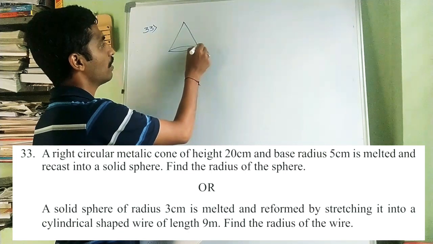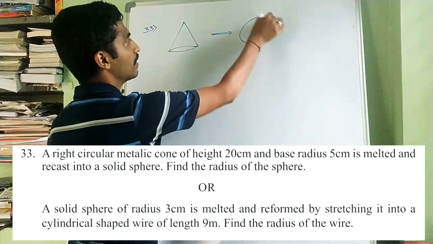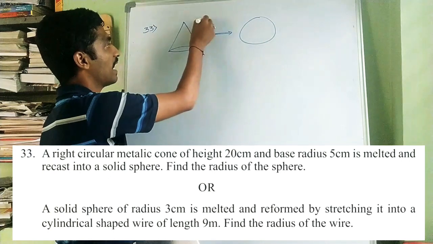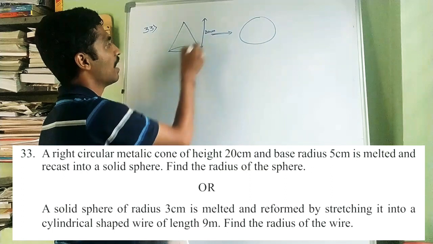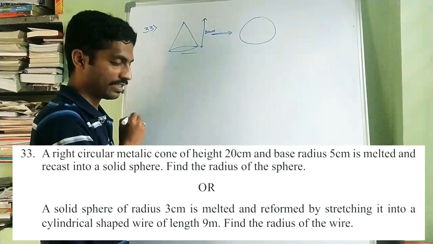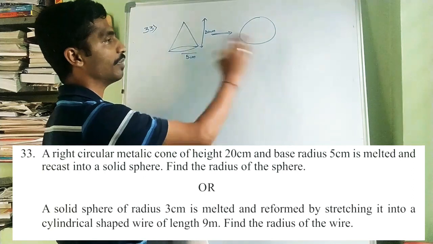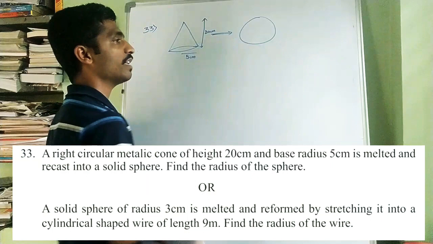So what they did, they recasted into sphere, and its height they given. How much height? That is 20 centimeter, and its radius is how much? 5 centimeter. Okay, and they made it into sphere. We have to find the radius of the sphere.